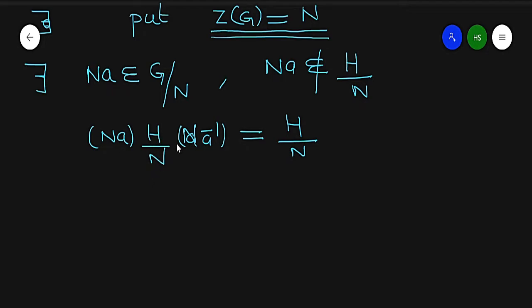Now this means any element from this belongs to H by N for some element. So what does it mean?